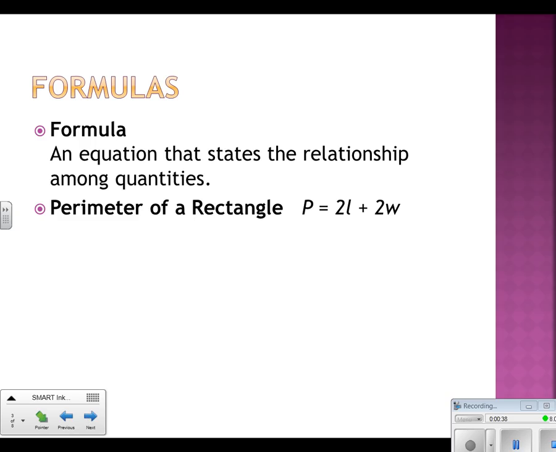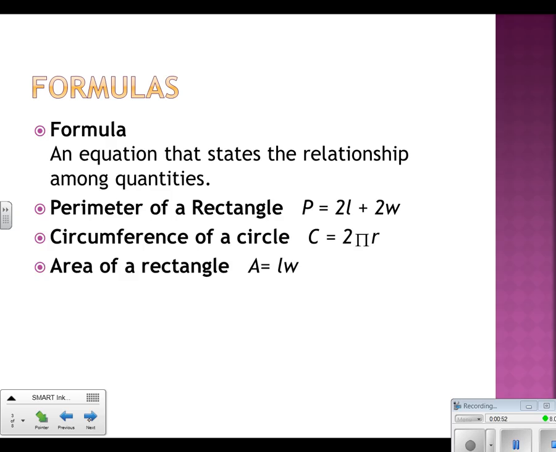For example, a formula for the perimeter of a rectangle: the perimeter is 2 times L plus 2 times W. The L is length, the W is width. Circumference of a circle, 2 pi r. Area of a rectangle, area is length times width. Area of a triangle, 1/2 times base times height.